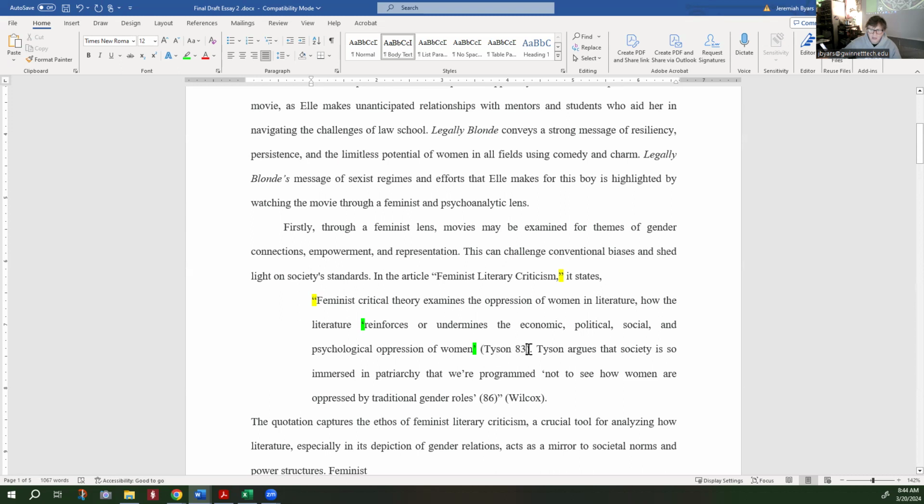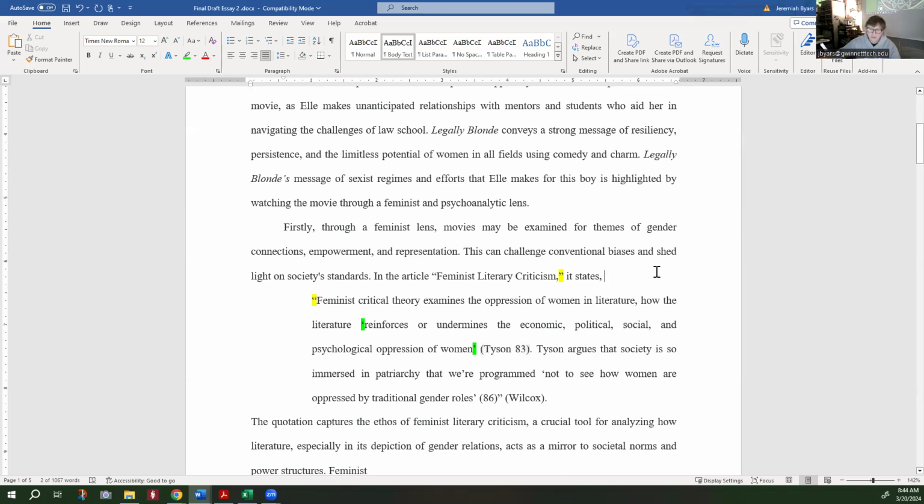And then also I would split this up into two different quotes. And sorry, Tyson, I would just cut Tyson out of this. You're quoting Wilcox. So I would do something like this.